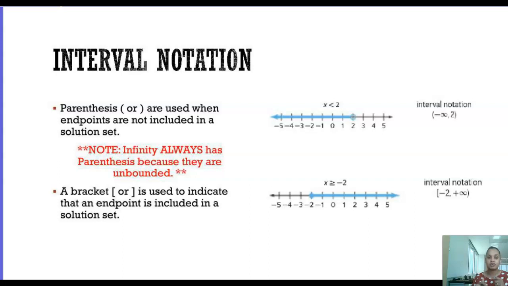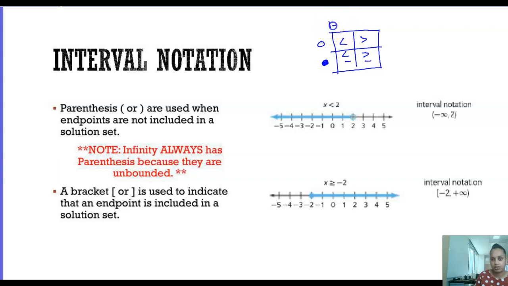Parentheses are used when your endpoints are not included in your solution set. So, as we've talked about before with this little chart here, we talked about less than or equal to, greater than or equal to, and how these were open circles and how these were closed circles.